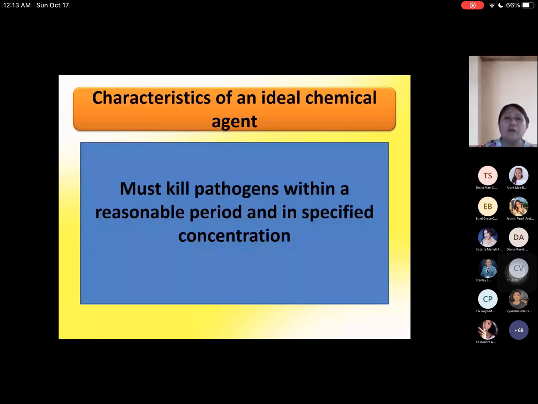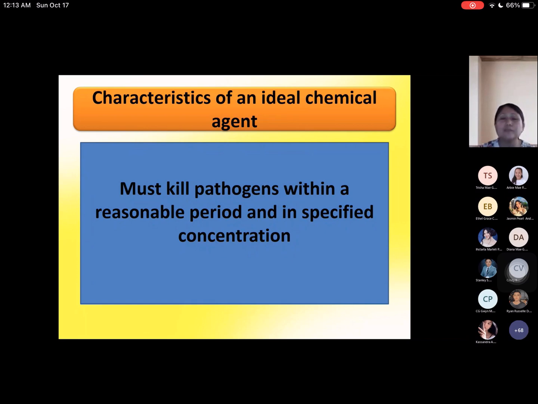For the characteristics of an ideal chemical agent, we have the following. What are the characteristics of an ideal chemical agent? A chemical agent must kill pathogens within a reasonable period and in a specified concentration.